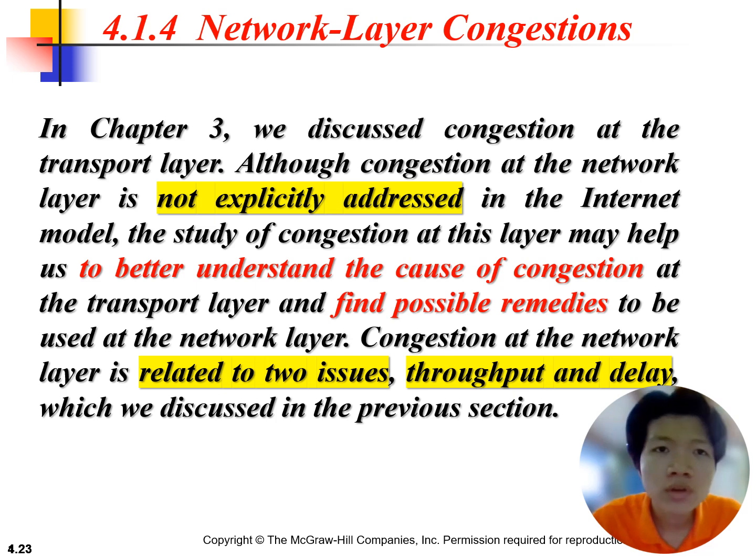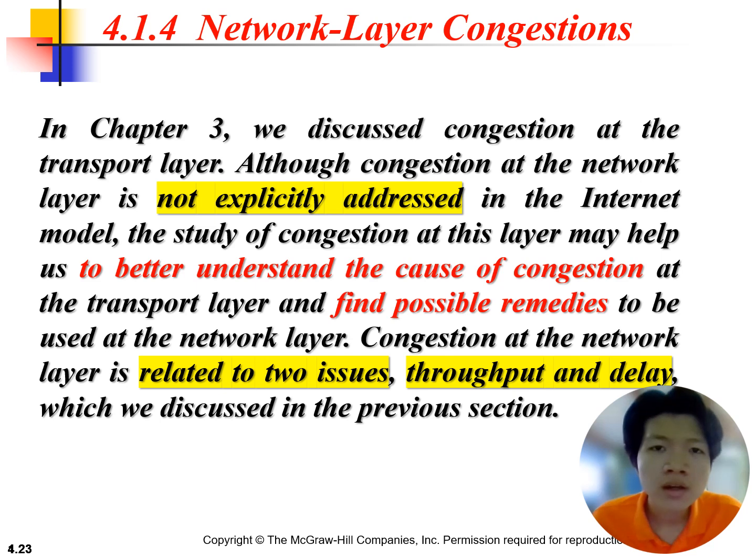In chapter 3, we discussed congestion at the transport layer. Although congestion at the network layer is not explicitly addressed in the Internet model, the study of congestion at this layer may help us to better understand the cause of congestion at the transport layer and find possible remedies to be used at the network layer.